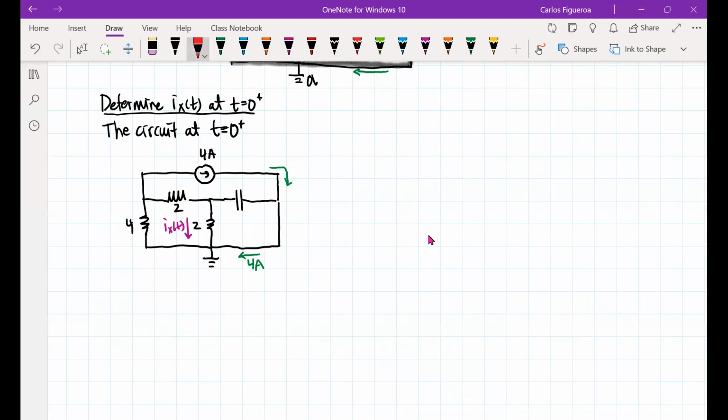But we know that the voltage of the capacitor is Vc of t here. So this is our circuit right here. What you're finding here is that the 2 ohm is in parallel with the cap.